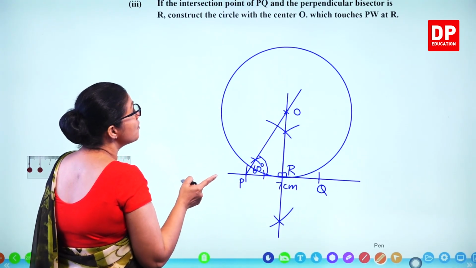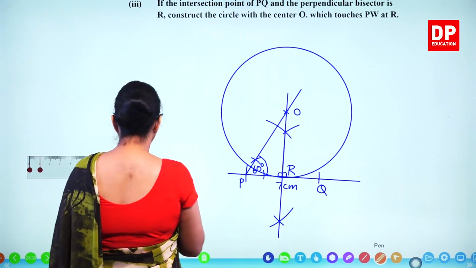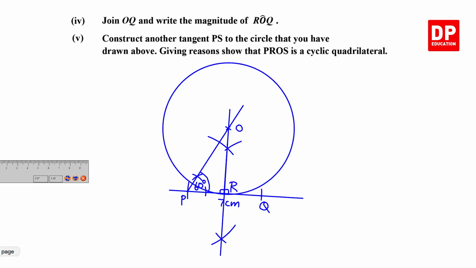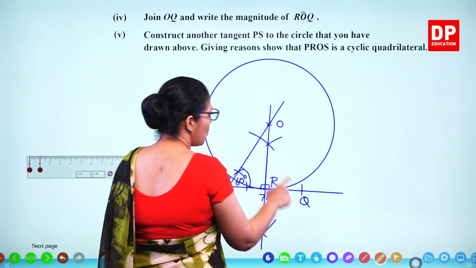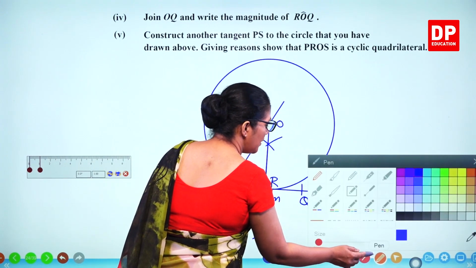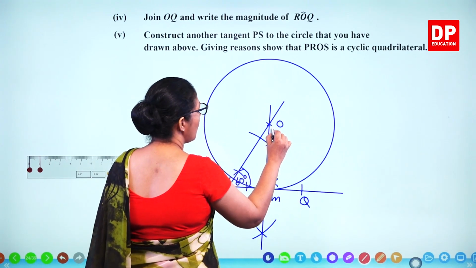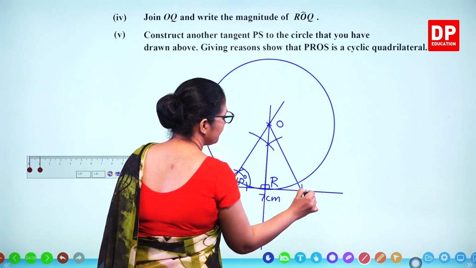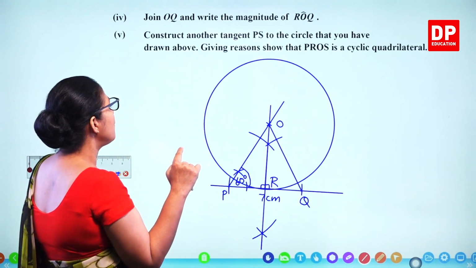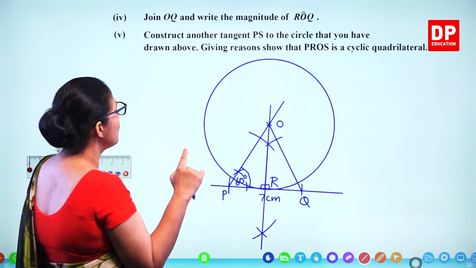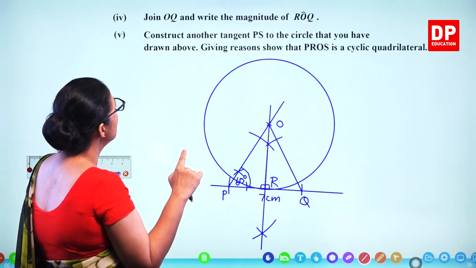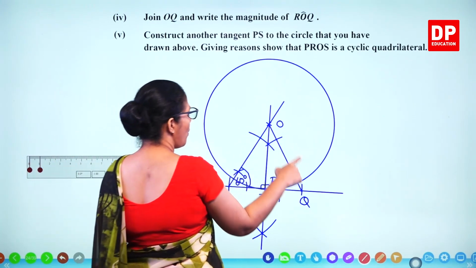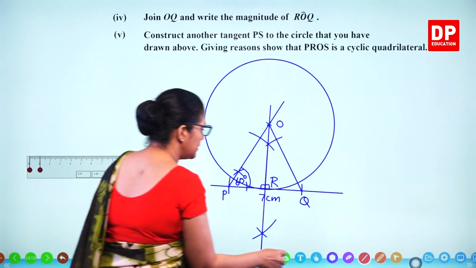And we'll take the next one. Then the next part, join OQ and write the magnitude of angle ROQ. So here we need to connect OQ and find out the magnitude of ROQ. So what's this angle?